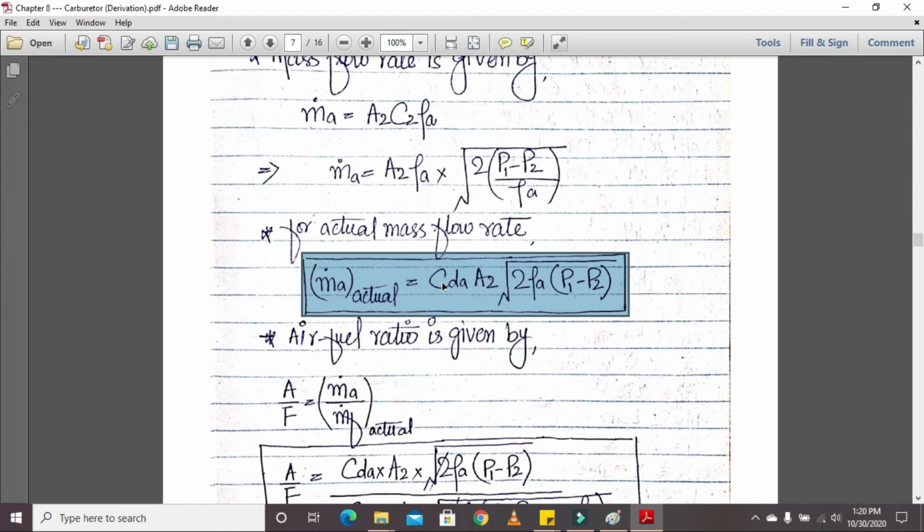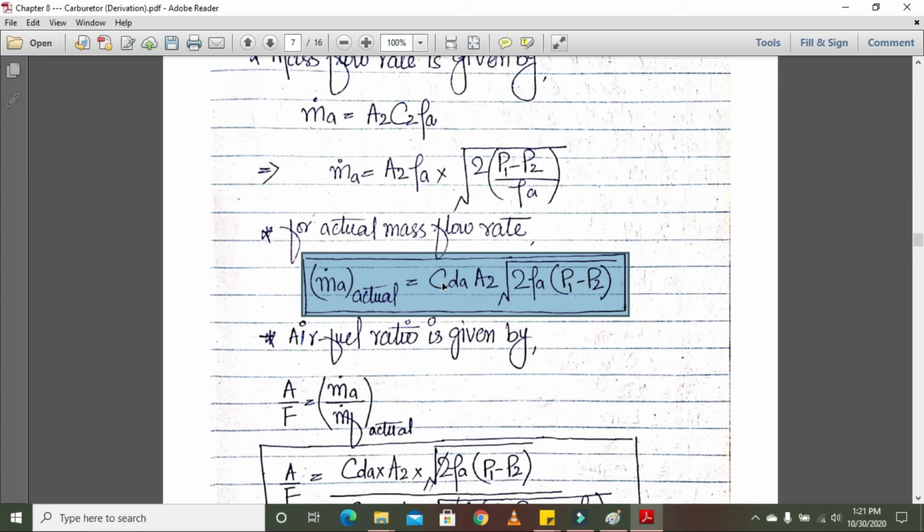Now we are again required to do the calculation for the mass flow rate of the fuel, which we have done in the previous derivation. So I am not going to repeat that part again. But when you are asked in the exam, you will have to do that. In the exams you can be asked to derive the relation for the air fuel ratio when air is considered as a compressible fluid.